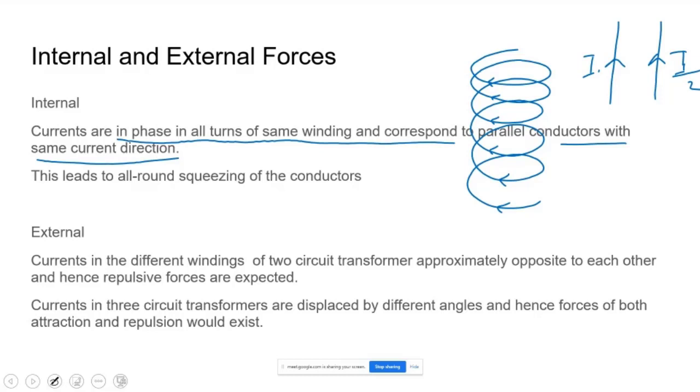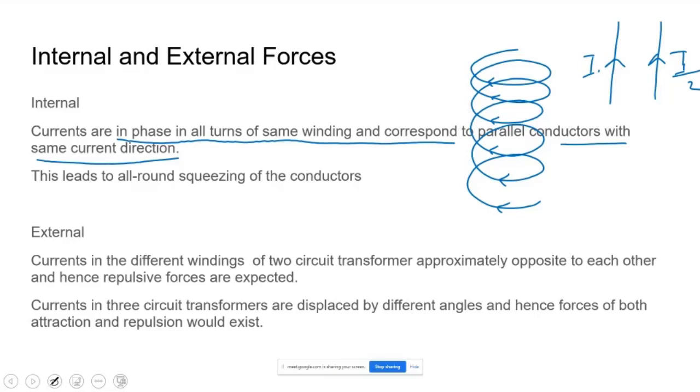So what will happen? What kind of force do you expect if there is a current like this? Two current carrying conductors, if they have the same direction, what kind of force do you expect? Will they attract or repel? Attractive.